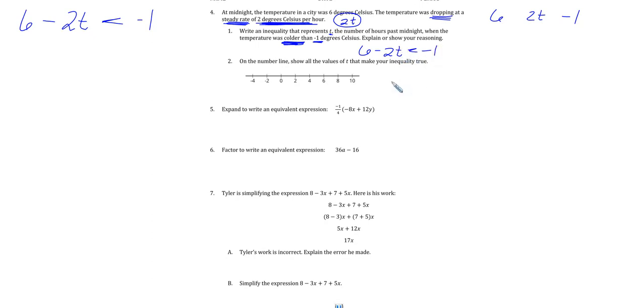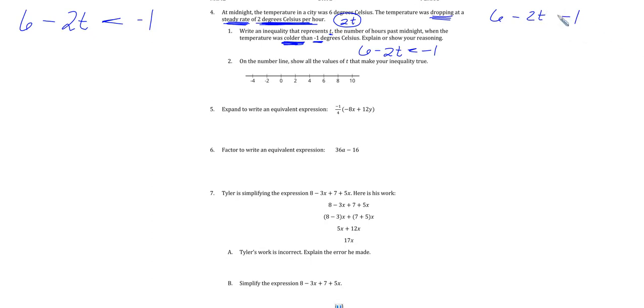Now it wants me to draw a number line that shows all of the values of t, all of the hours past midnight that make this true, assuming that it continually drops 2 degrees forever, which is not ever really going to happen, but that's what we're going to assume here. So we need to solve this for t. I'm going to rewrite it, and we're actually going to treat it like it was equals.